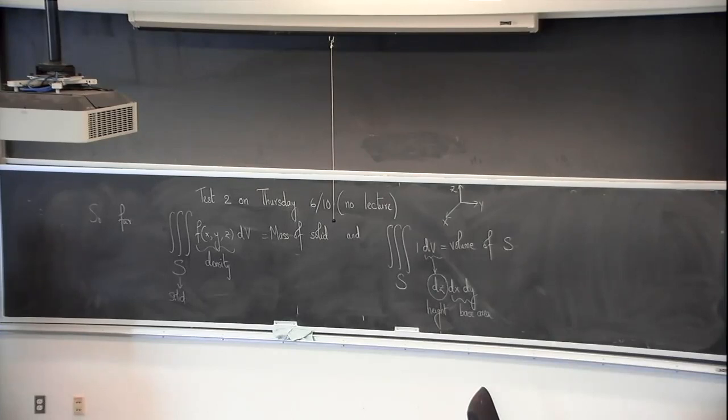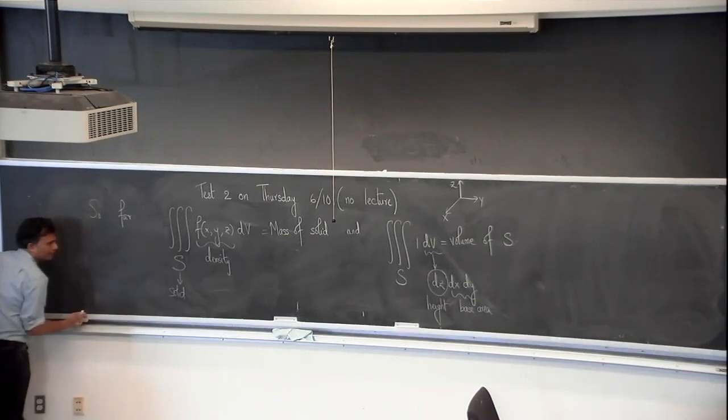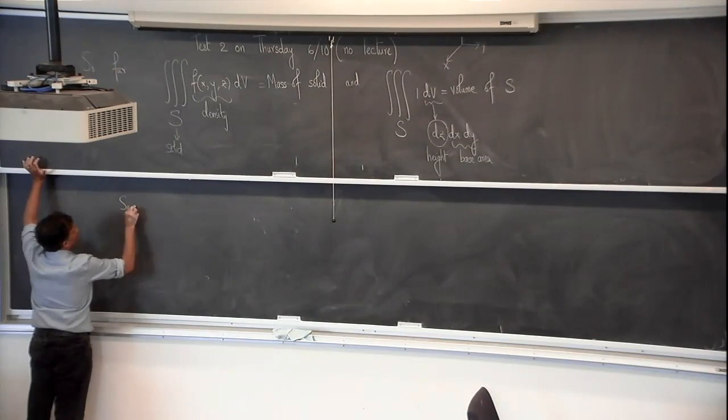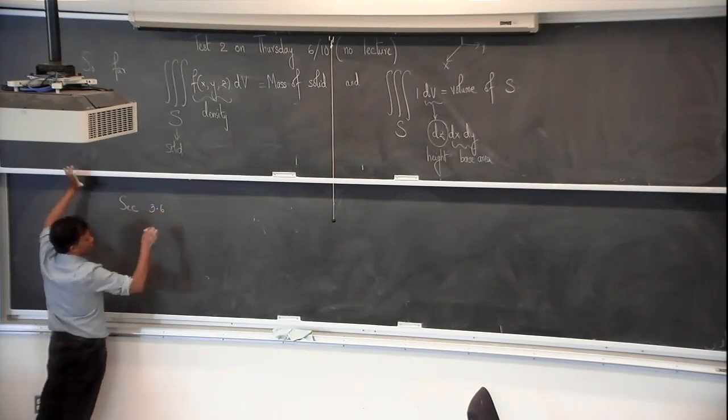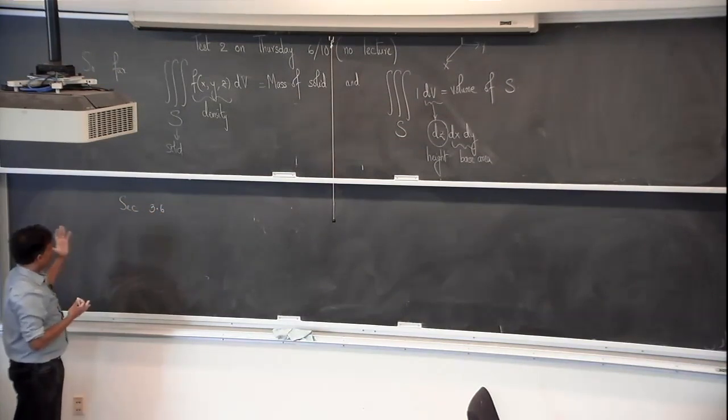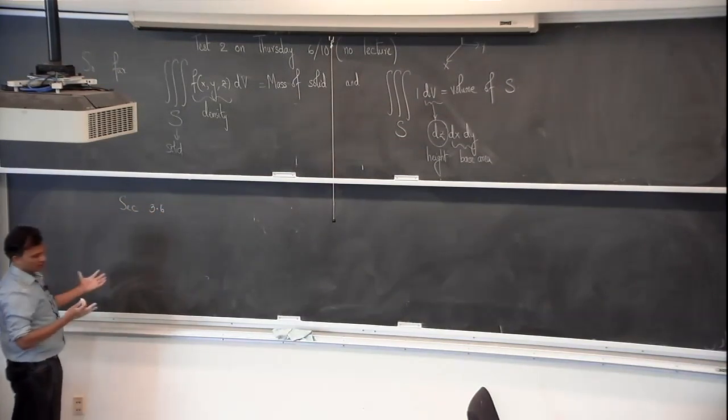So today we are going to do both sections 3.6 and 3.8. You don't have to be scared because there are 2 sections, but it covers the same concept. It's just that one of them is doing just volume, the other one is doing mass.